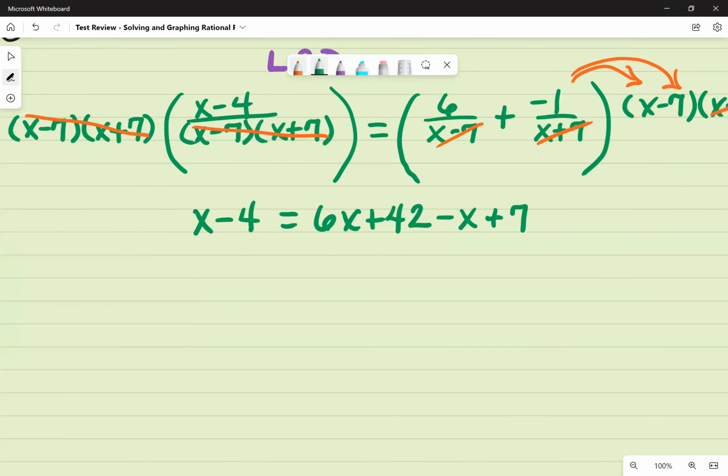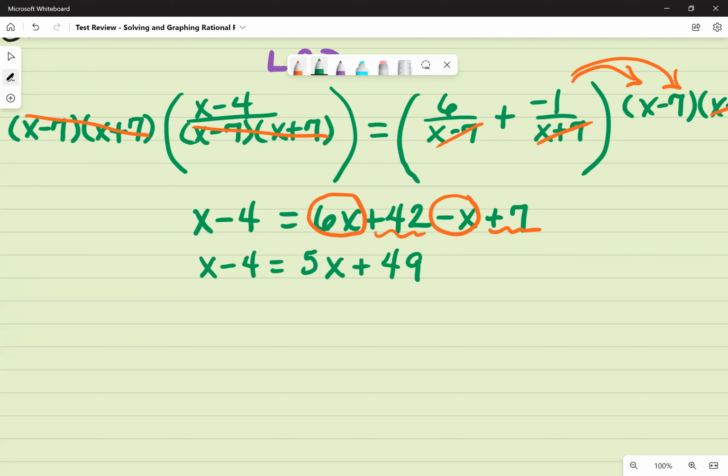So on one side, I have a 6x and a negative x, and I also have a 42 and a positive 7. So I'm going to bring down the x minus 4. 6x minus x is 5x, and then 42 plus 7 is positive 49.